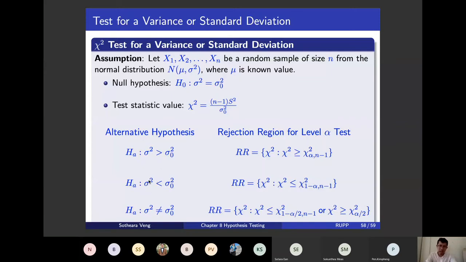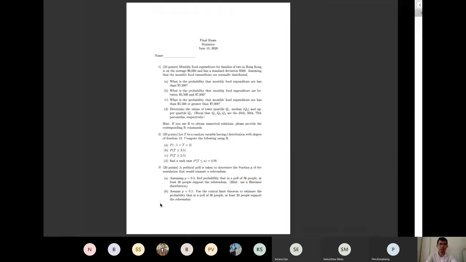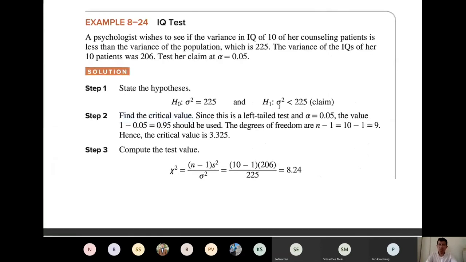When it is less than a certain value, it is the left tail test or lower tail test. And if it is different from a certain value, it's considered a two tail test. We classify this exactly the same as the case of the population mean test, right? But since the alternative in this case is less than a certain value, it is the left tail test.